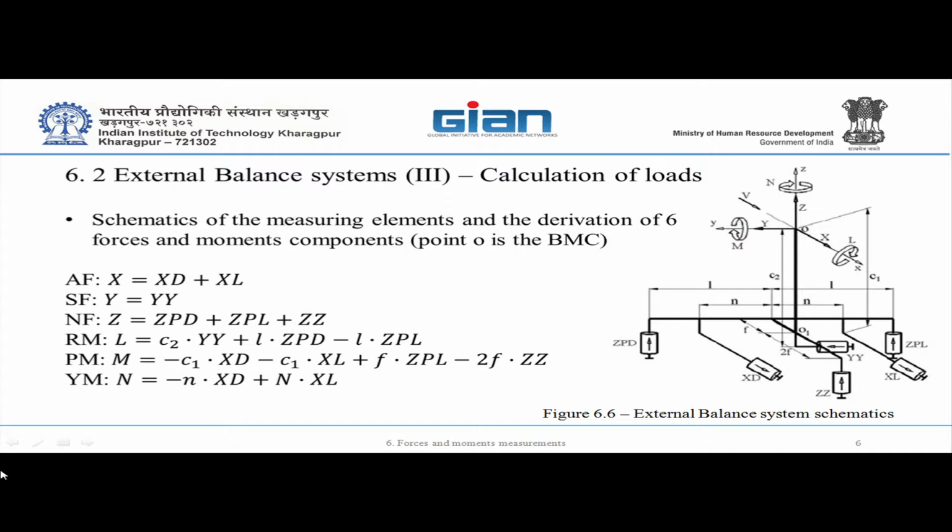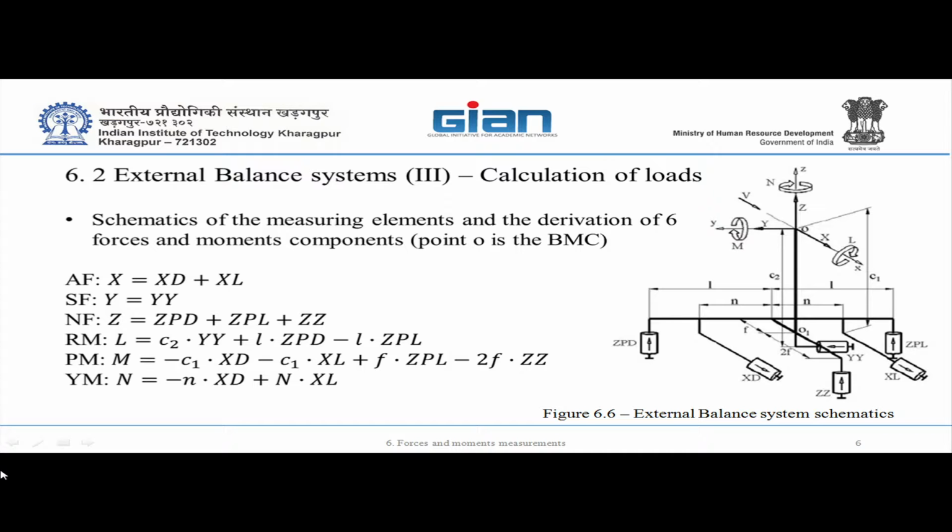You see altogether 6 elements, 2 for every, even 3, doesn't matter. You must have 6 because you need to have the capability to express 6 forces and moments. And now if you look at the equations, you see the connection between the forces and the measuring elements.